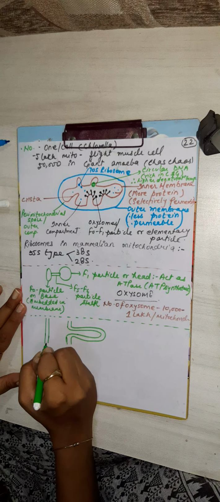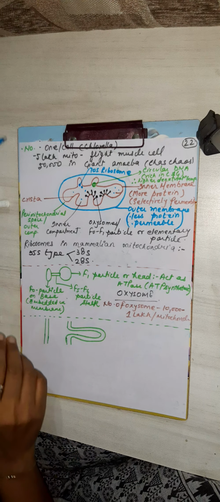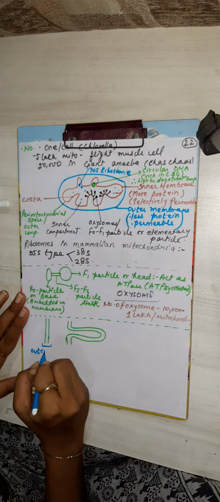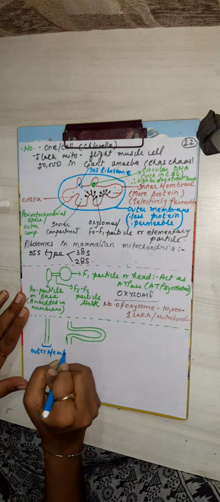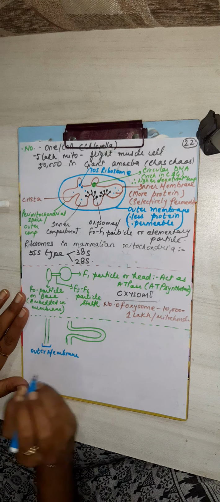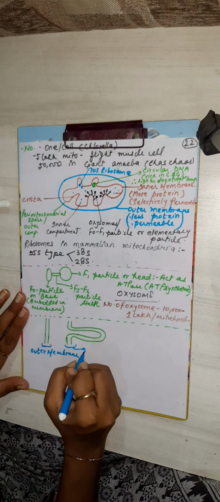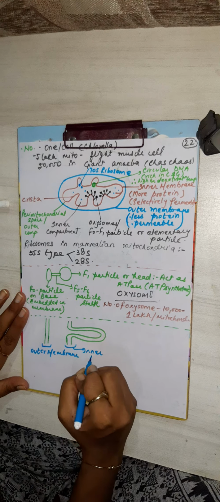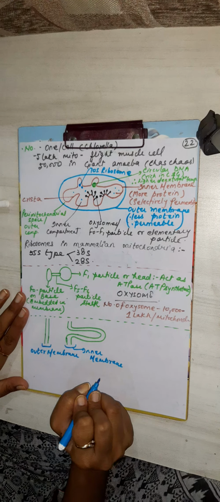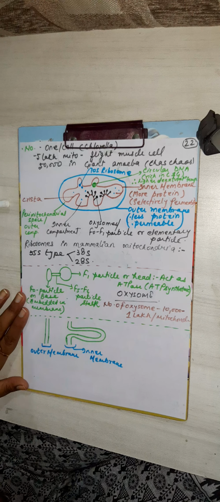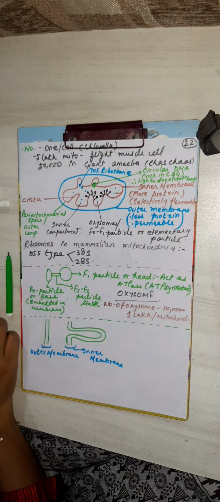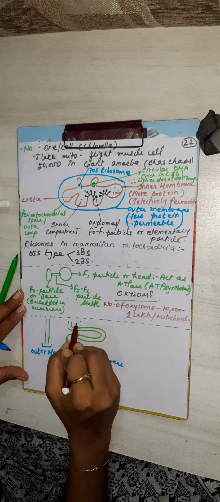So students, this is the outer membrane. I am drawing the crista. This is the outer membrane. This is the inner membrane. And the space here is filled with matrix.